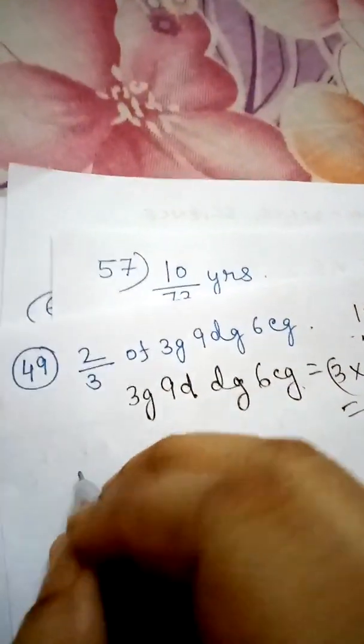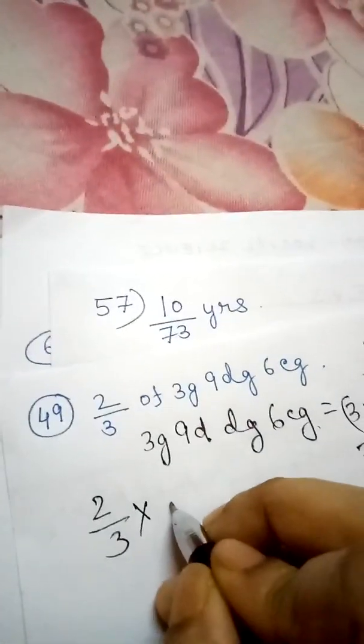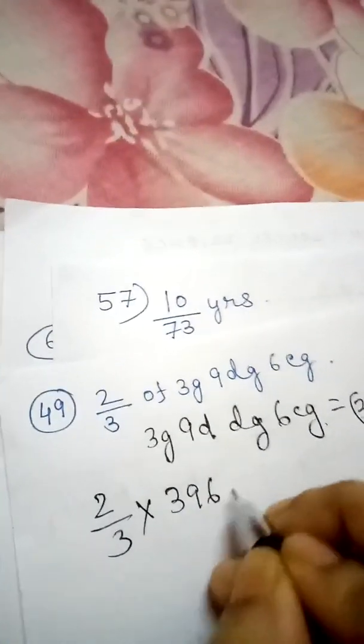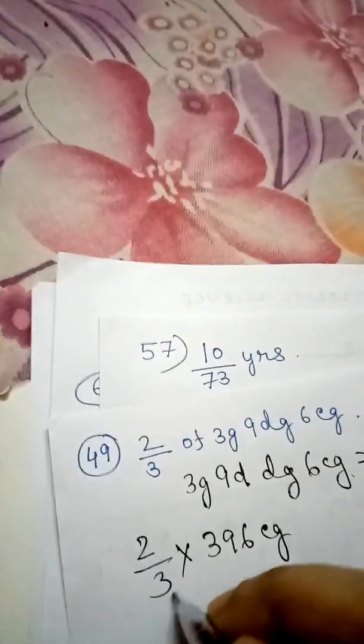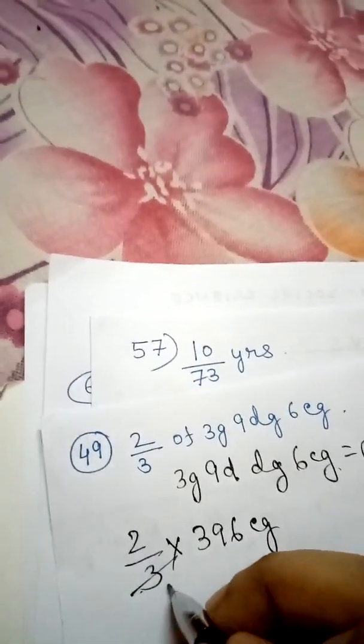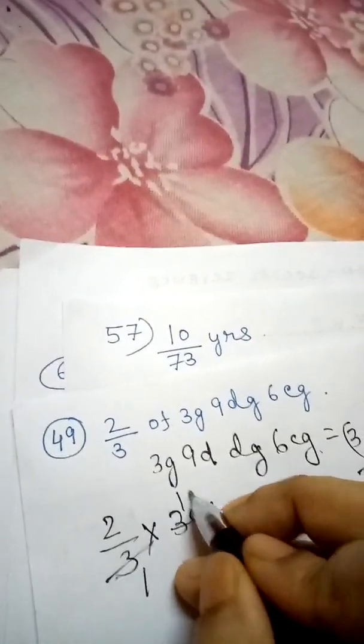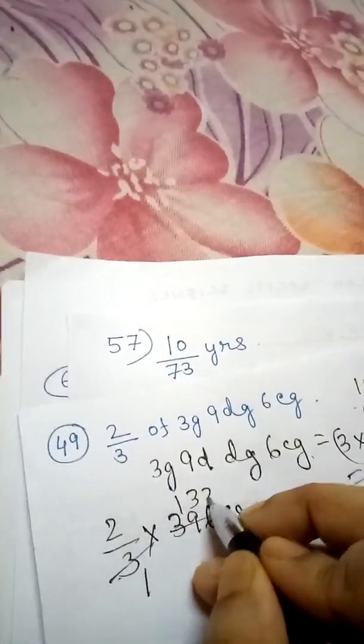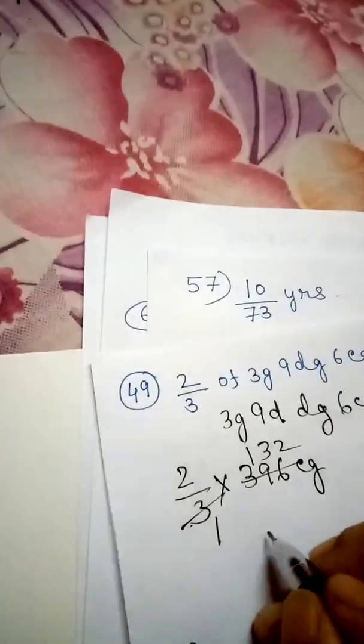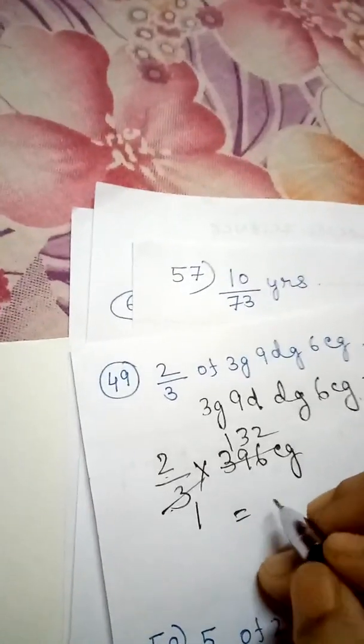Now let's solve this. 2 by 3 into 396 centigram. We'll cancel this by 3. 3 ones are 3, and this one is 1, 3, 2. So this is equal to 2 into 132 centigram, that is equal to 264 centigram.